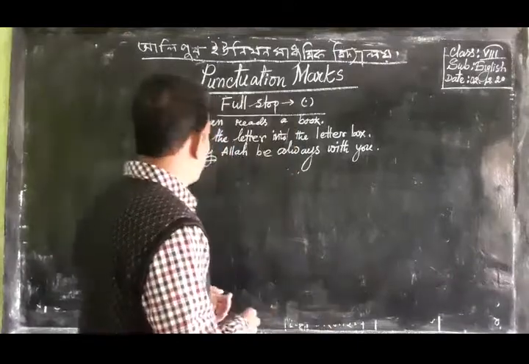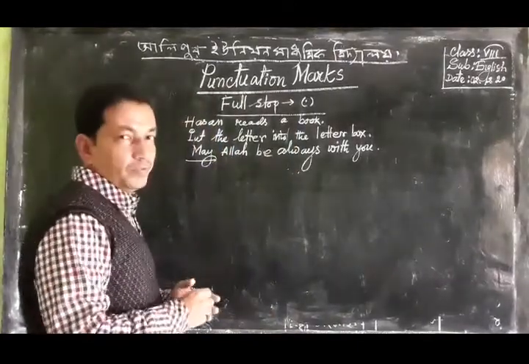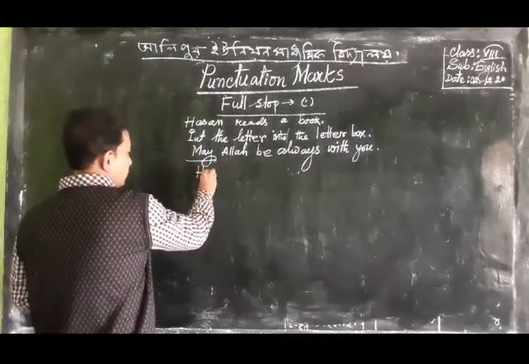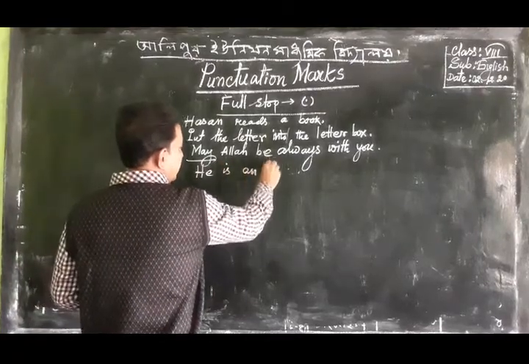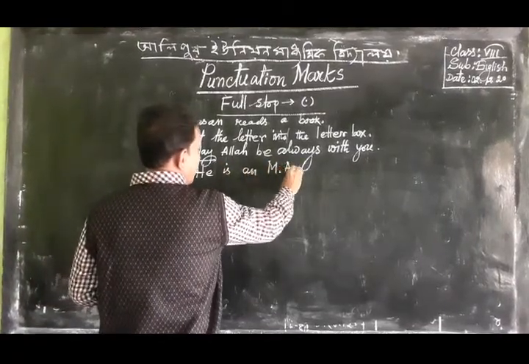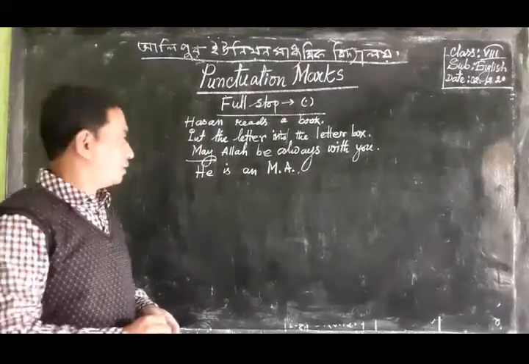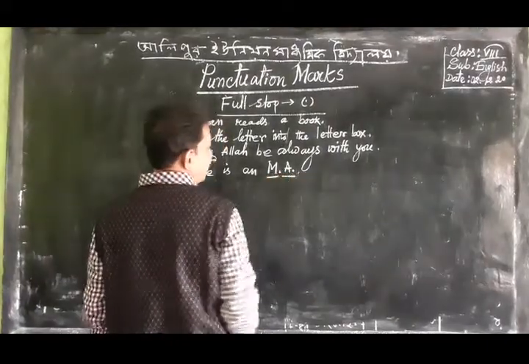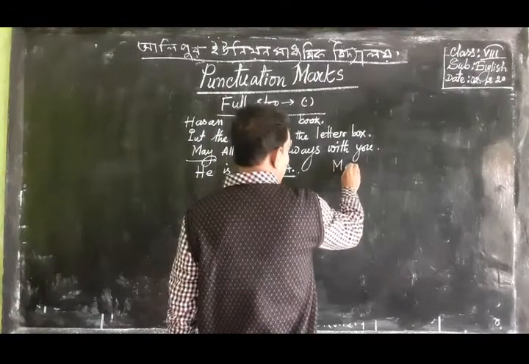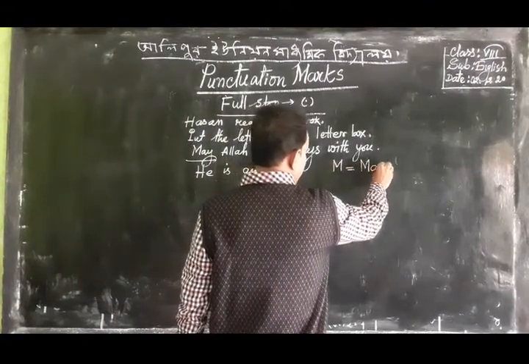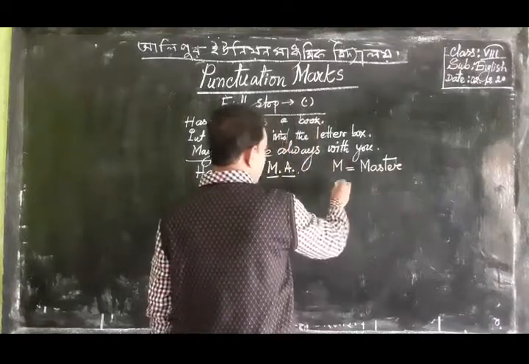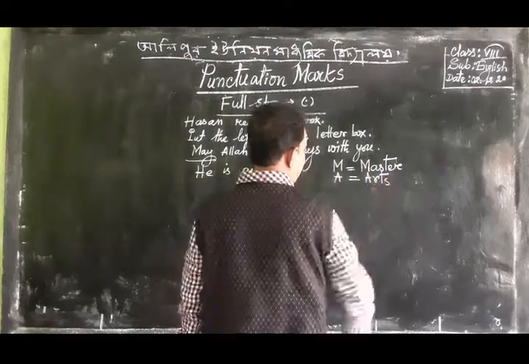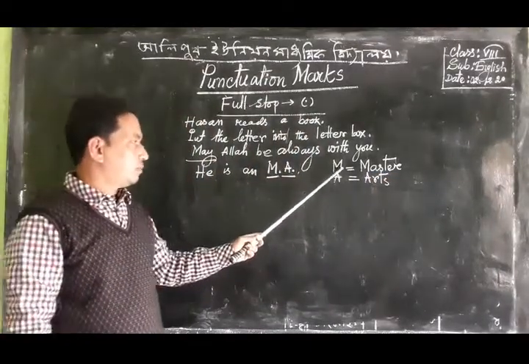Thus, we must use full stop at the end of the abbreviation word, such as, he is an M.A. I have written the abbreviation word M.A. M means master.